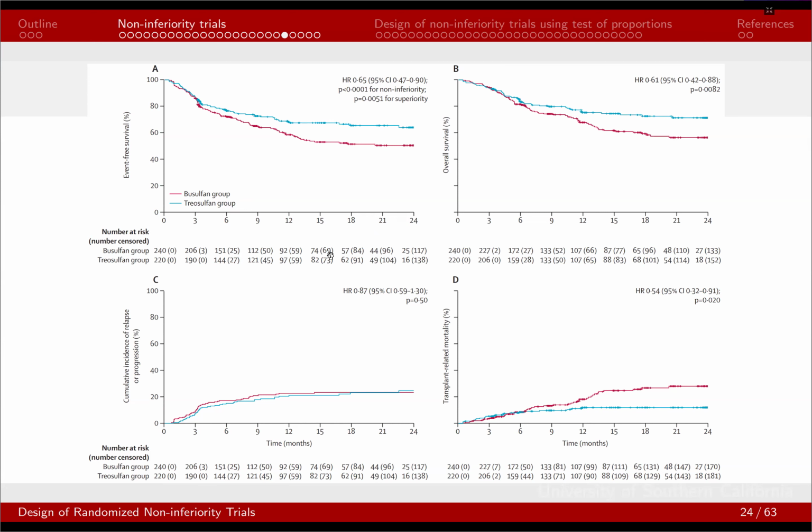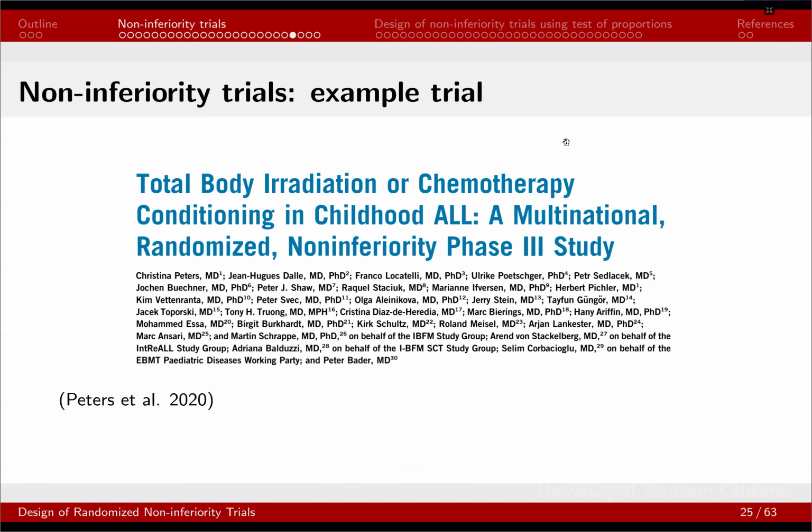So treosulfan significantly decreased infections that would further lead to GVHDs that would lead to deaths after patients receive transplant. Hence, because the treosulfan significantly reduced the toxic deaths, that led to better EFS and OS of the treosulfan group. So this trial successfully demonstrated that treosulfan should be used to replace the standard of care.